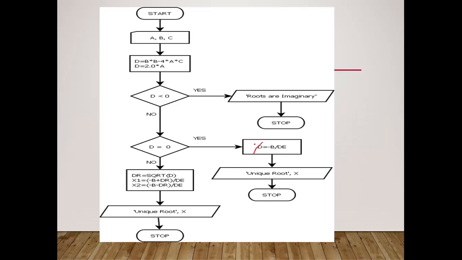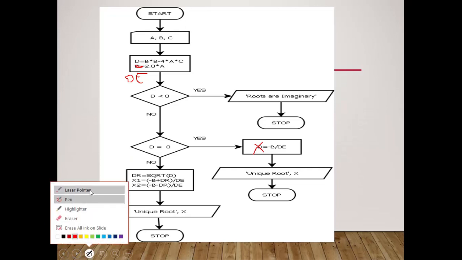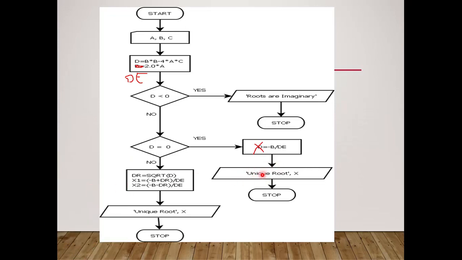So this is x, and this is de. So this is the unique root we will get if d is equal to 0.